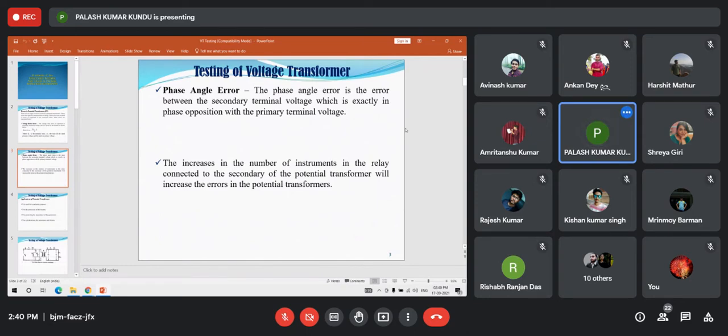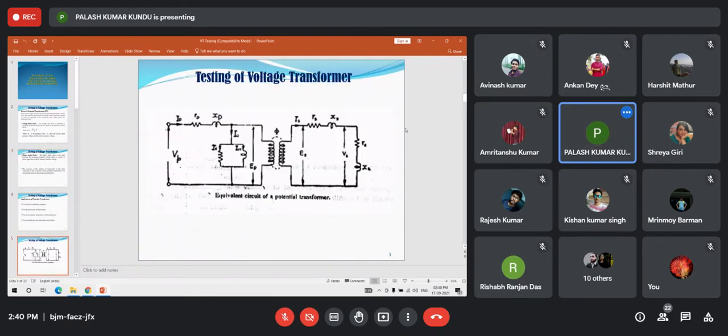Now, before going to measure and compute the voltage ratio error and the phase angle error, you must understand the equivalent circuit of the potential transformer. That means how the potential transformer can be represented with an equivalent electrical circuit relating to the primary and the secondary, and what the parameters of the equivalent circuit are. You must learn about that.